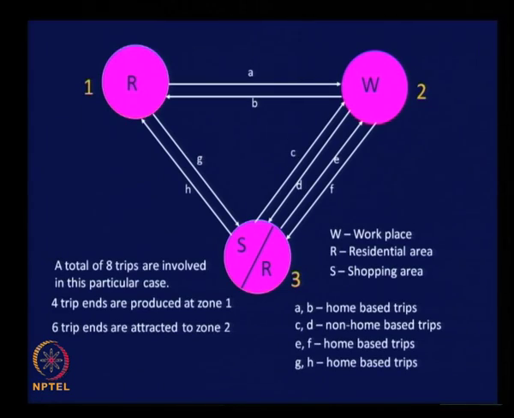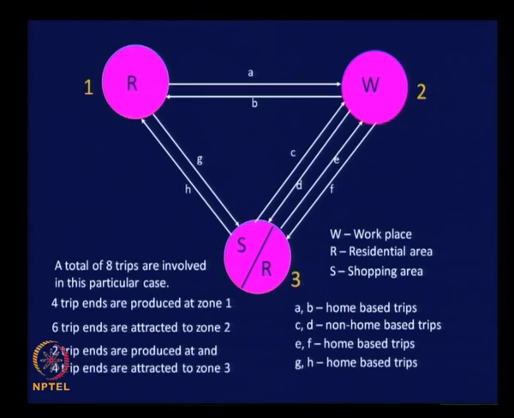Only 2 trip ends are associated with R. That means there are only 2 trip end productions in zone 3, and the other 4 trip ends are attached to the part S. So, there are 4 trip end attractions in zone 3. 2 trip ends are produced and 4 trip ends are attracted to zone 3.